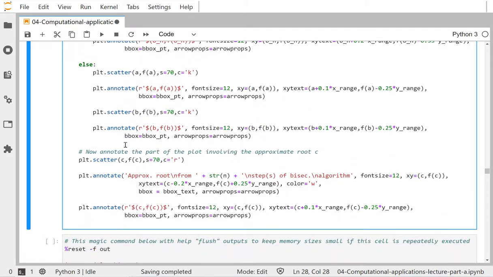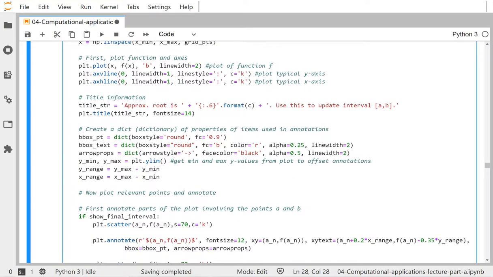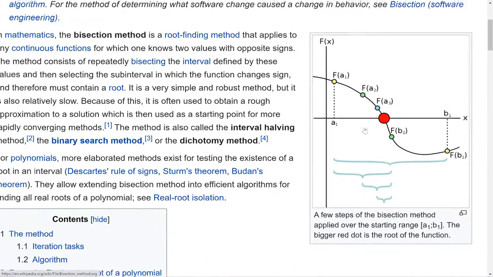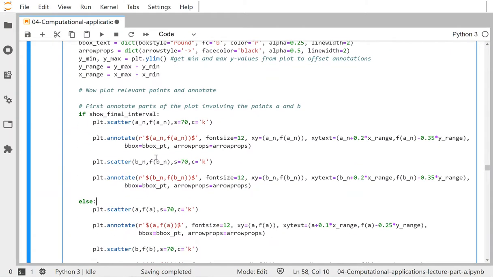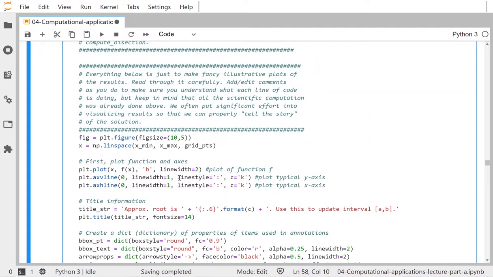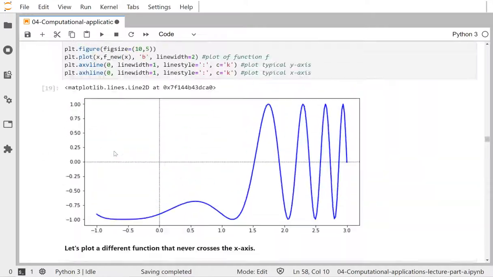So all of this code, even though it looks like a lot, there's just these different pieces of information, much like here, where we want to plot all these various things and explain to the user what's going on so you can have intuition. So I want to leave this for you to read because none of this is actually much different than what I showed.